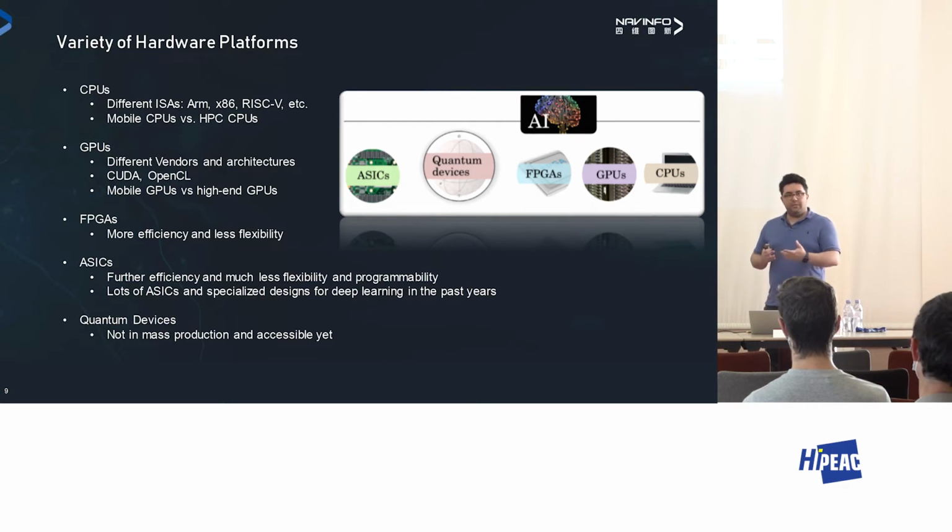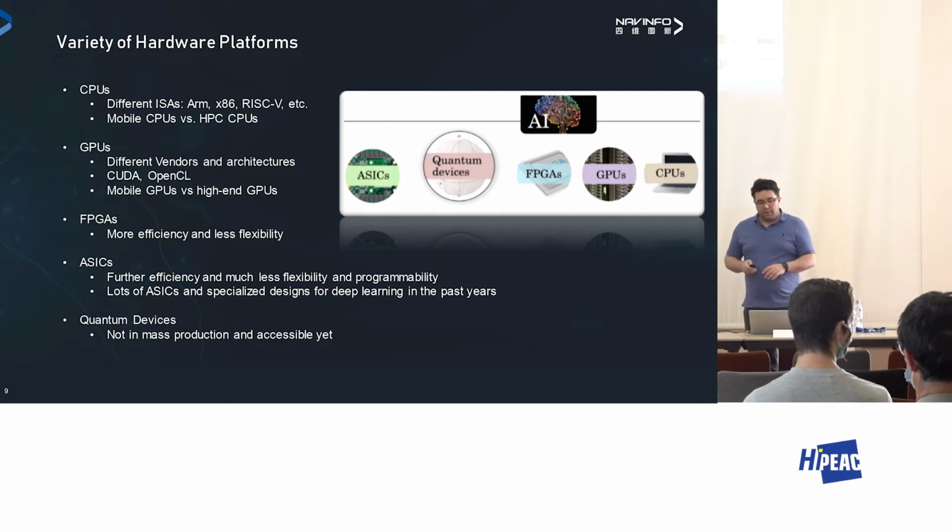The ASICs are designed for specific purposes, for some specific tasks, and of course we have lots of efficiency and also more power efficiency, but it comes with a lack of programmability and flexibility in order to program them.